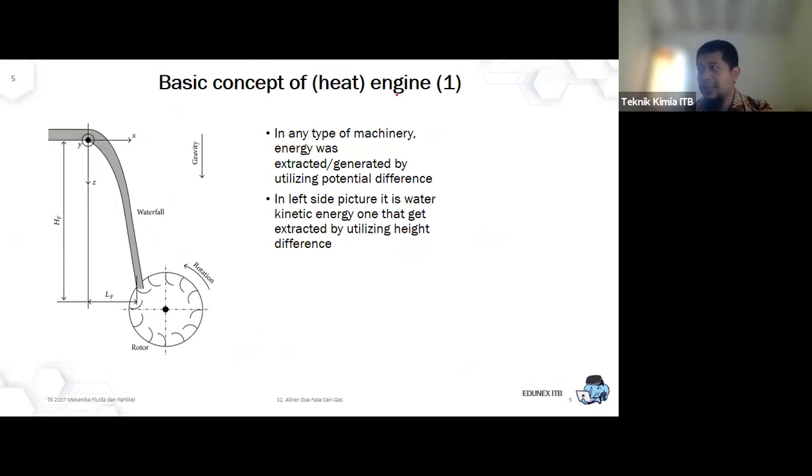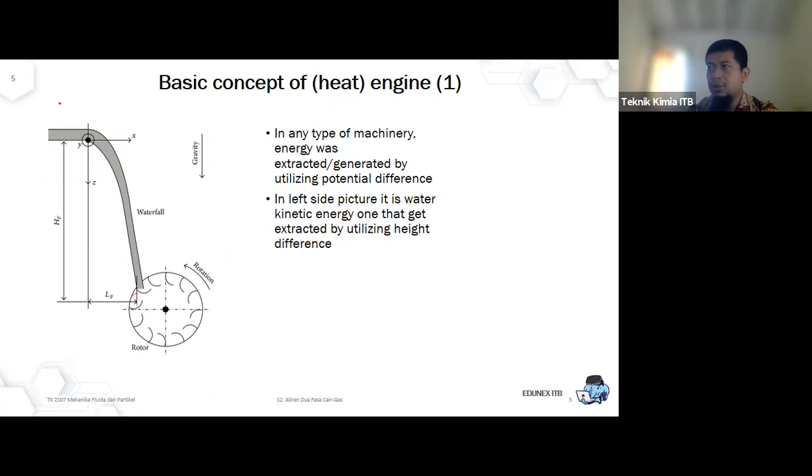The basic concept of a heat engine, or the basic concept of any engine in any type of machinery, is that energy was extracted or generated by utilizing potential difference. When you still remember the usual water turbine, here we want to extract the energy.